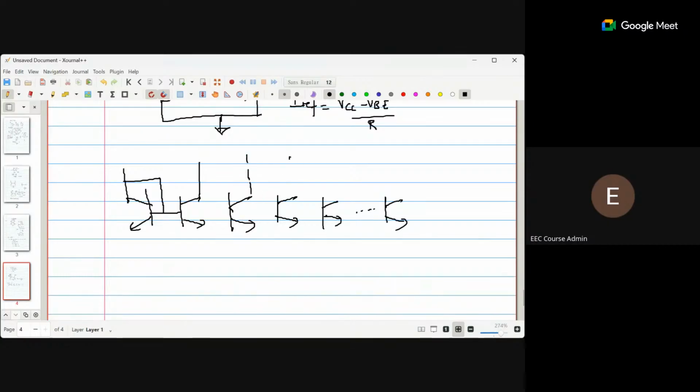So this will be the mirroring current of the first stage. And here we have that.